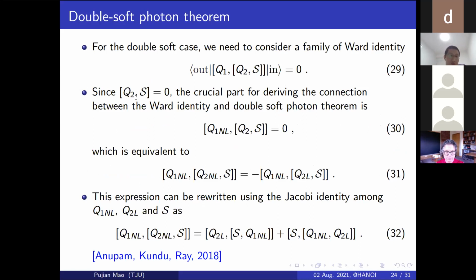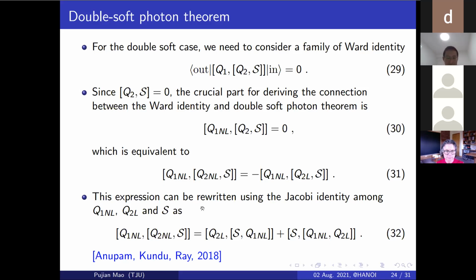Since both Q1 and Q2 commute with S, the crucial ingredients are just Q1 nonlinear and Q2 and S. And that's the starting point, which is, of course, when you split Q2 into linear and nonlinear parts, you get this one. We want to start from here to get the expressions that can derive the double soft photon theorem.